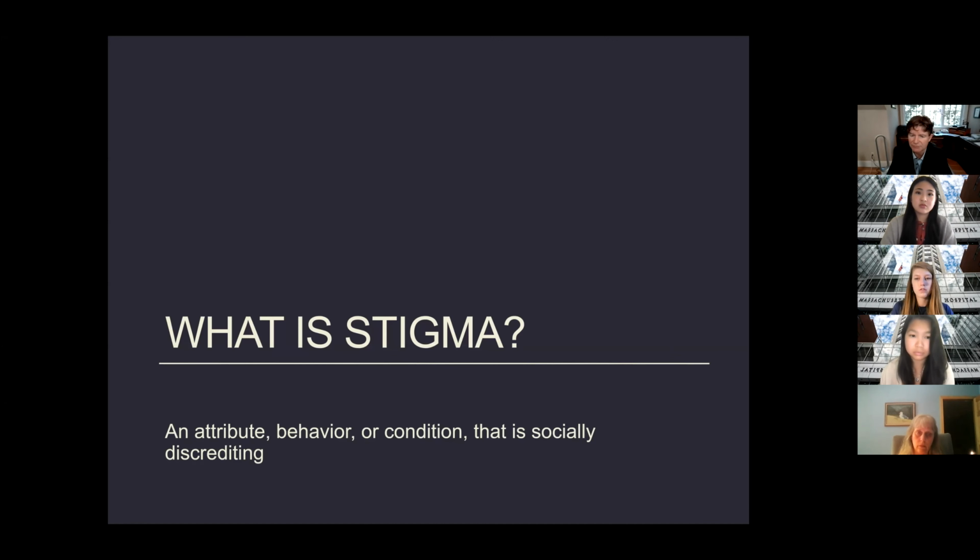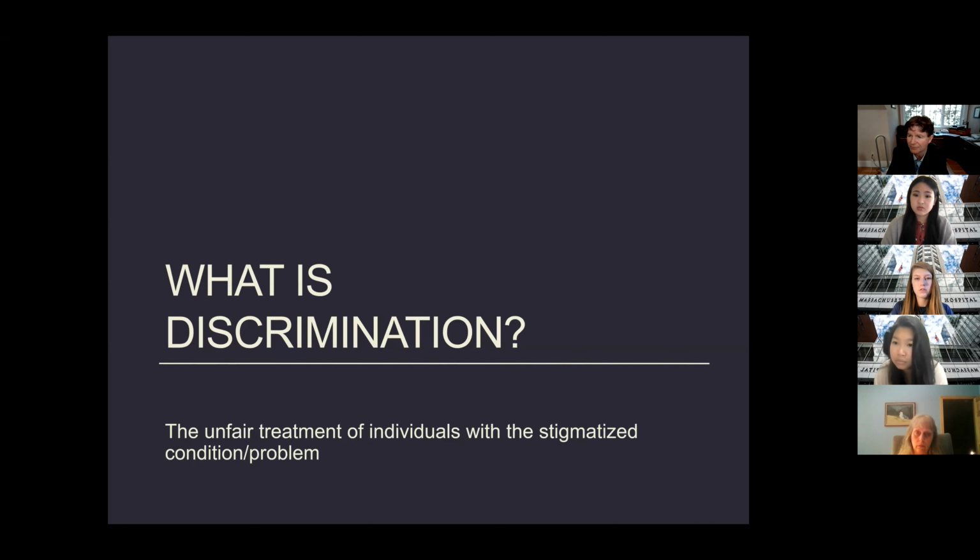Well, a definition of stigma is an attribute, behavior, or condition that is socially discrediting. Discrimination is the unfair treatment of individuals with that particular stigmatized condition. So I think it's helpful to distinguish between stigma, the actual condition, and the unjust treatment of people who have the condition.